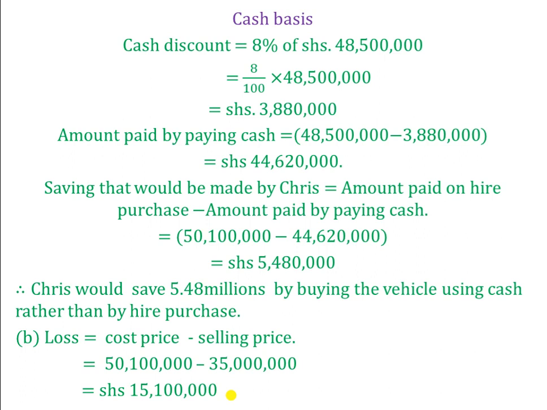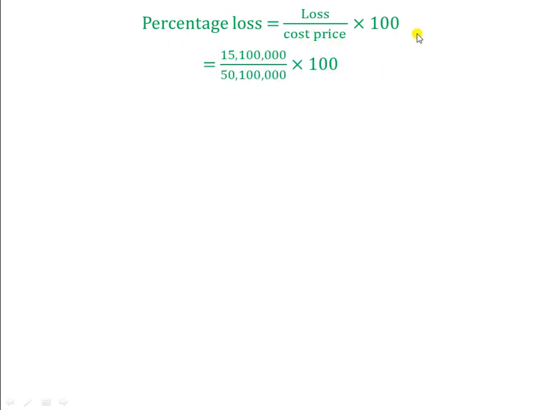Then the question specifically asks for the percentage loss. And remember, we said in our senior 2 that percentage loss will be given by the formula loss out of the cost price times 100. So when you make your substitutions, our loss was 15 millions, 100,000. The cost price was 50 millions, 100,000. Then multiply by 100.